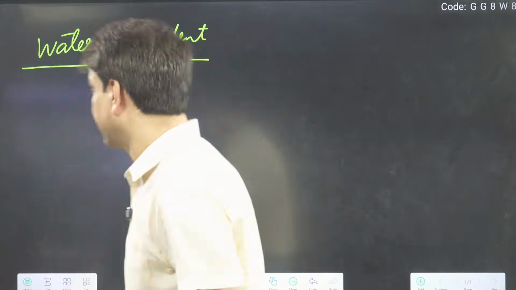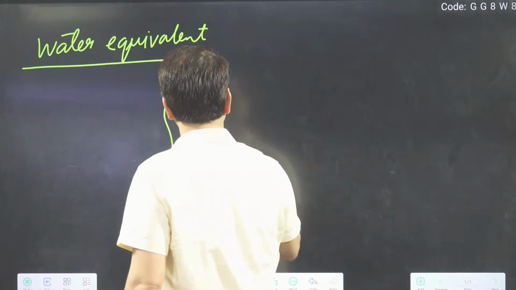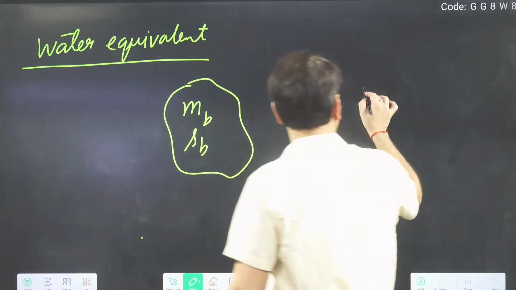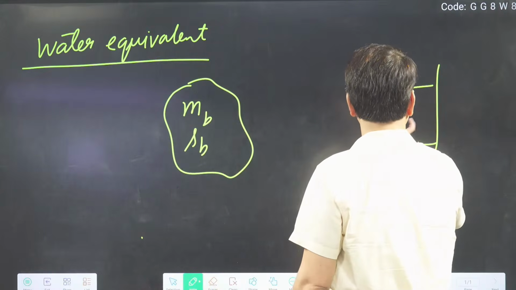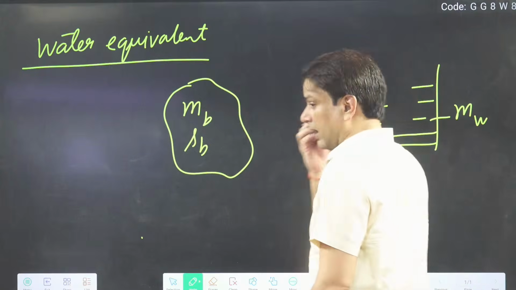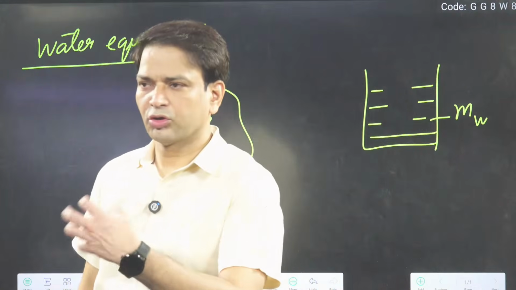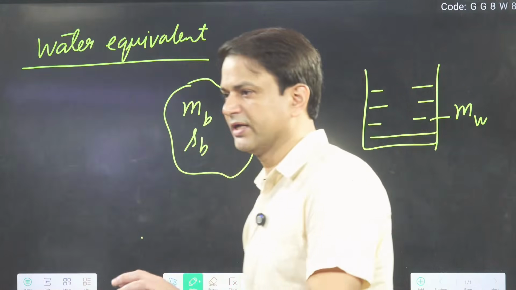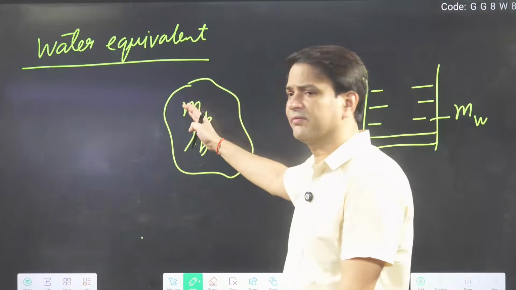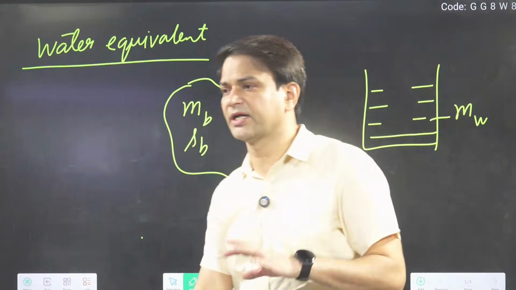So listen carefully. Suppose I want to increase the temperature of any body whose mass I have taken as MB and specific heat I have written as SB.